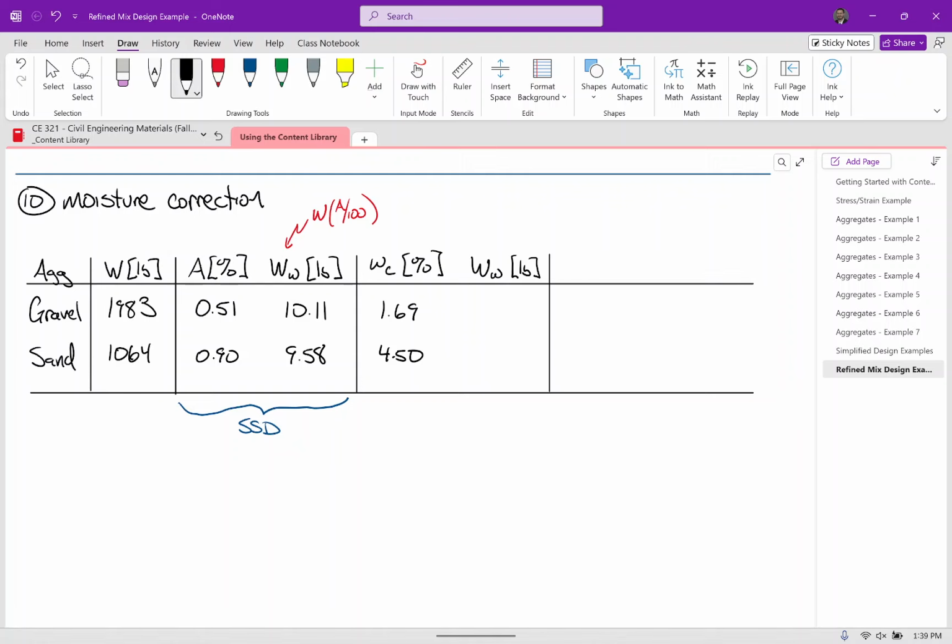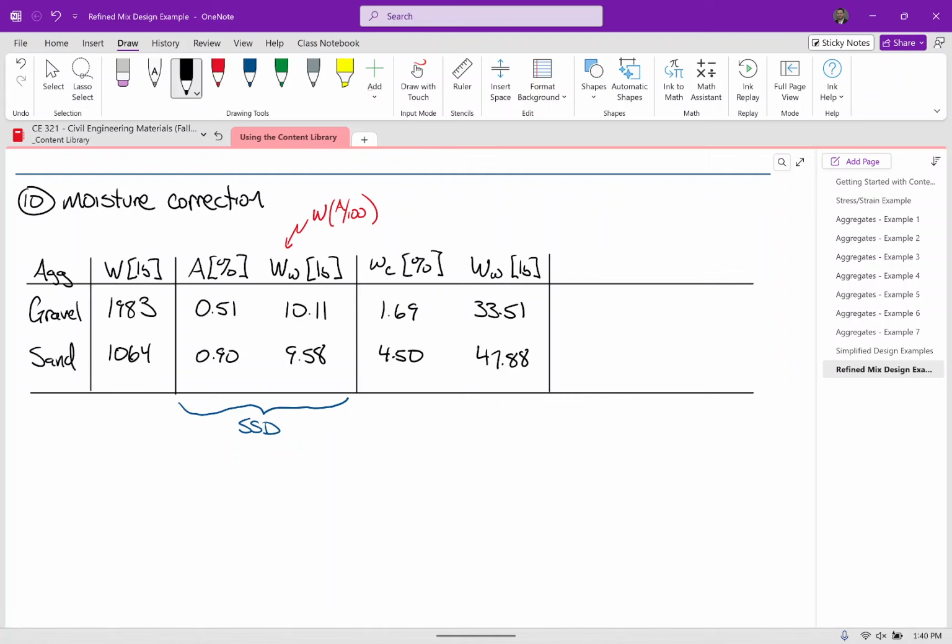33.51 pounds for gravel. And for the sand? Okay, so here's my point.